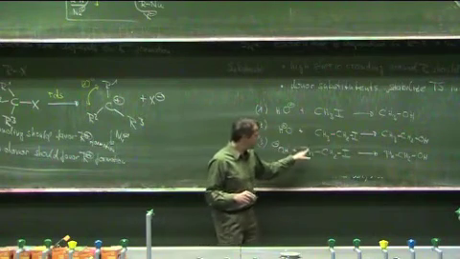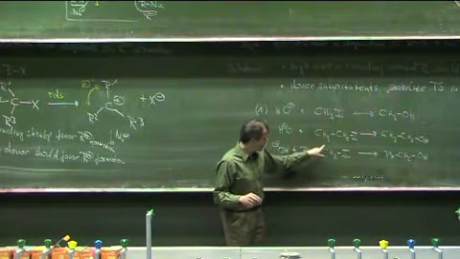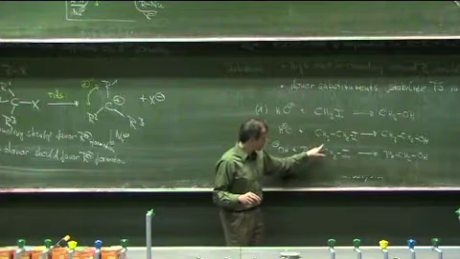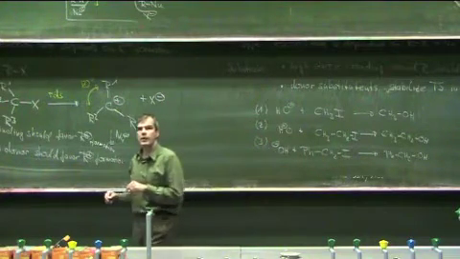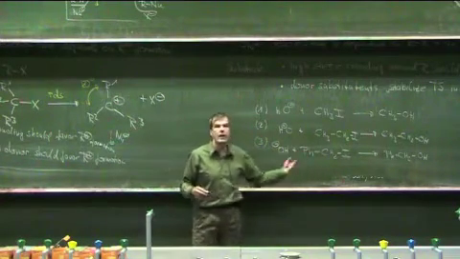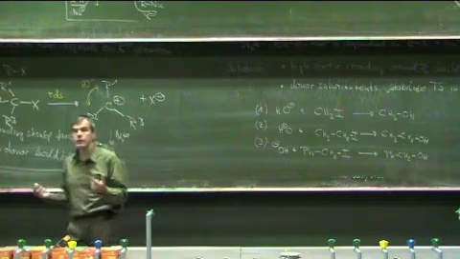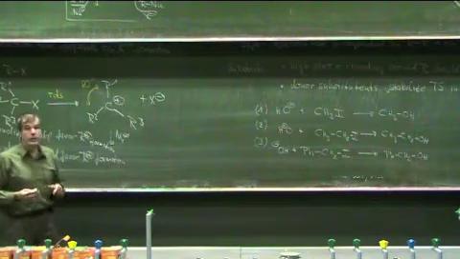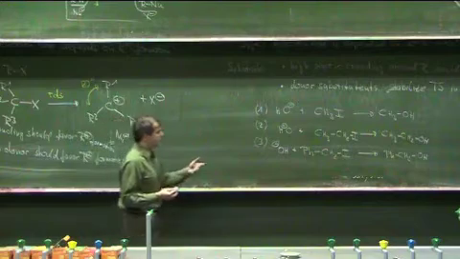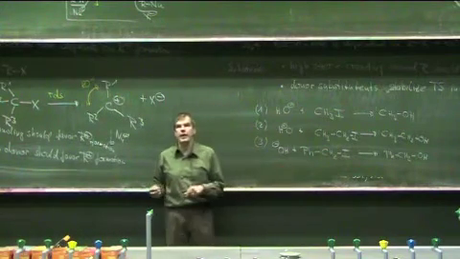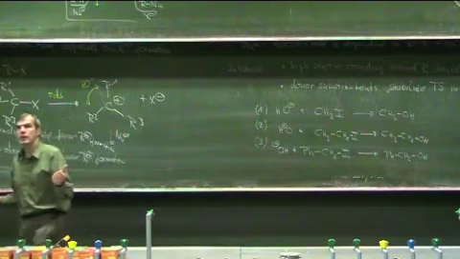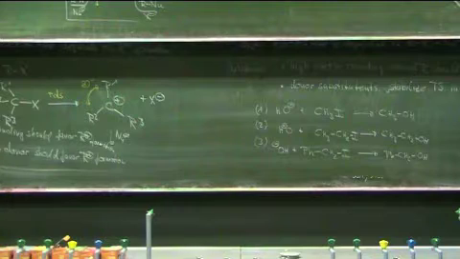From an electronic point of view, in the transition state, with a positive charge developing on that carbon center, that should be greatly stabilized by the phenyl group. And indeed, that is what you observe. Substitution reactions on benzylic halides are very fast, no matter if they go by SN1 or SN2 reaction.